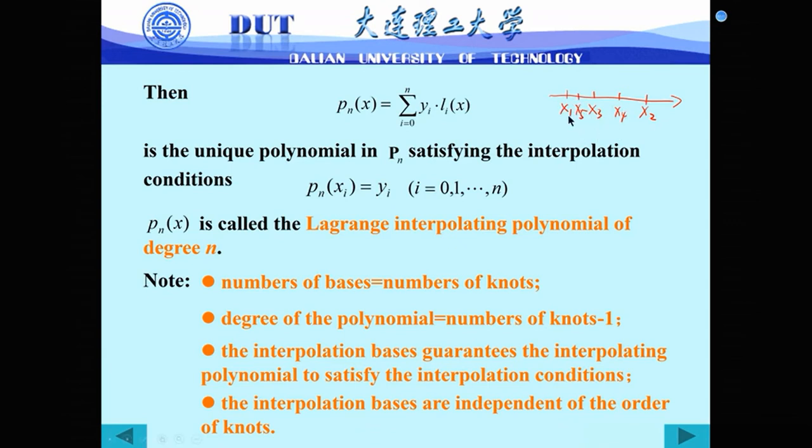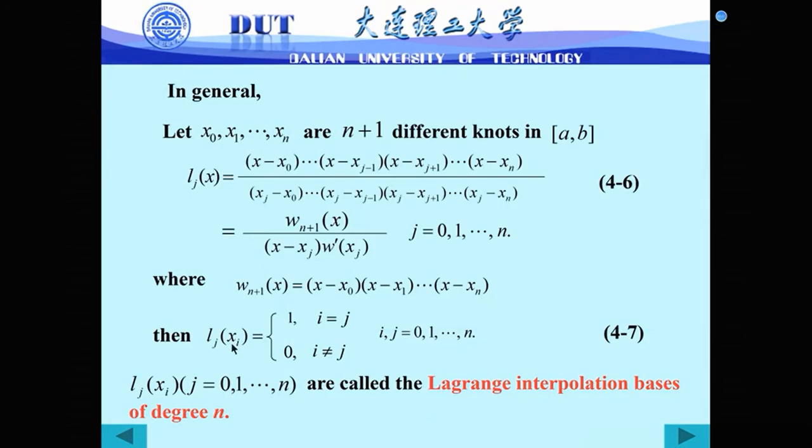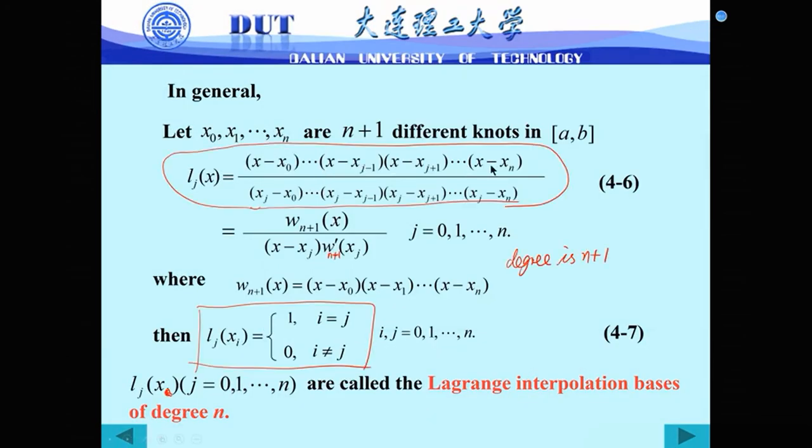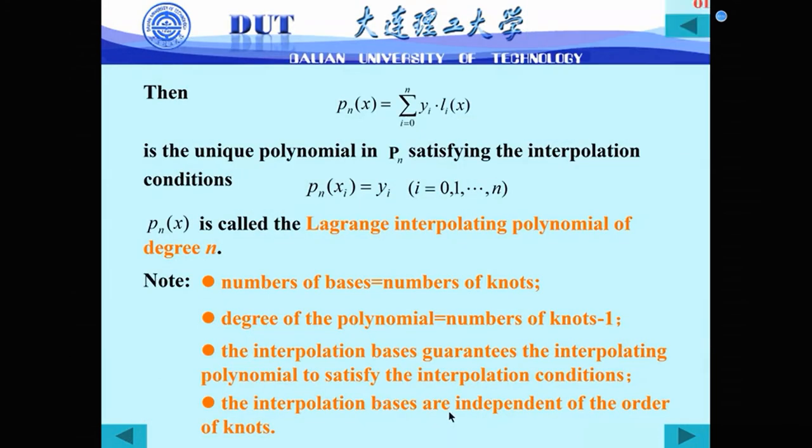We don't care about the order of the nodes, because they are products, so you can change the order. That means the interpolation bases are independent of the order of nodes. So this is the famous Lagrange interpolation method.